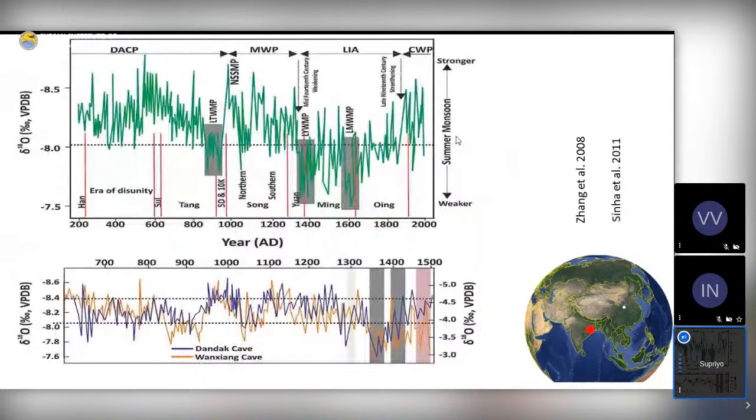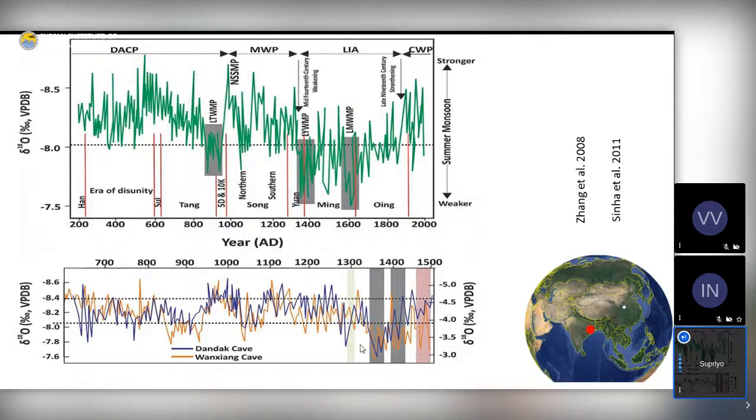And now we would like to show how another speleothem record from India shows a very good resemblance with the delta 18O record of speleothem obtained from this Chinese cave. This is again reported by Sinha et al. In this paper, what they show is a close covariation between the delta 18O values of Dandak cave and the delta 18O values of the Chinese cave, which is represented by this orange line.